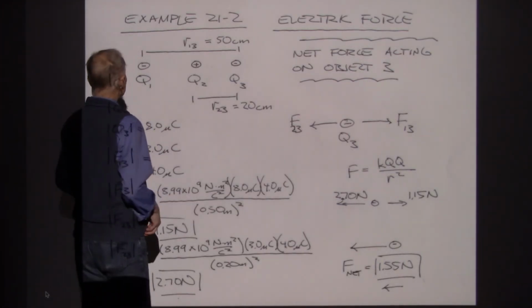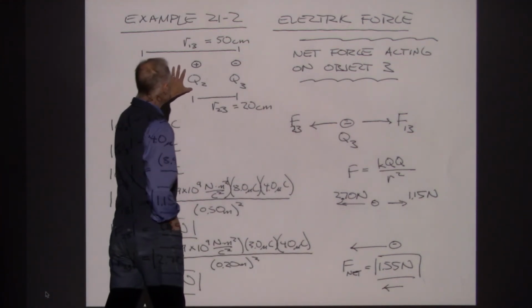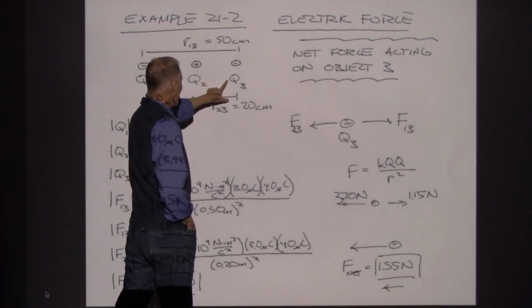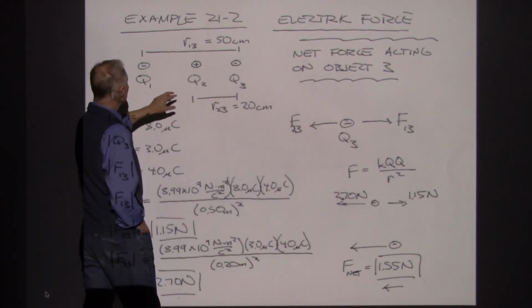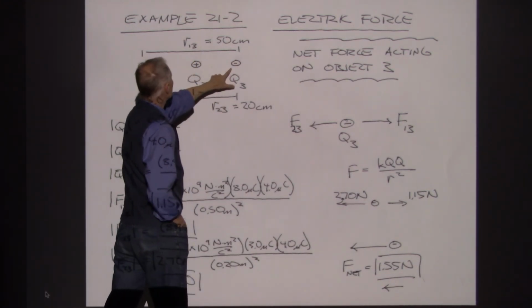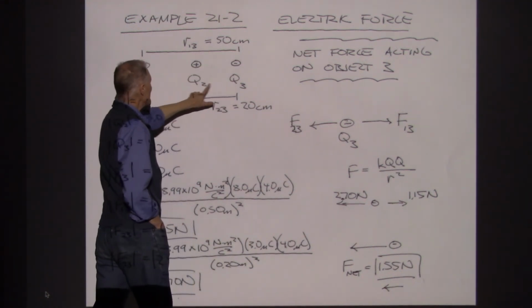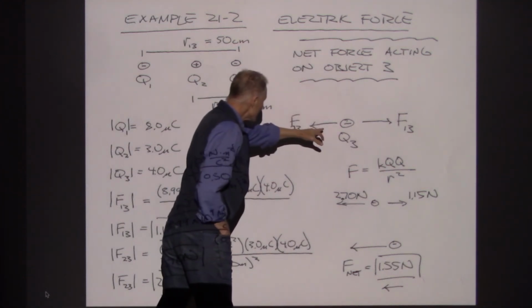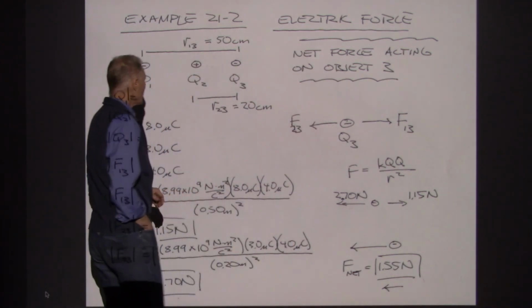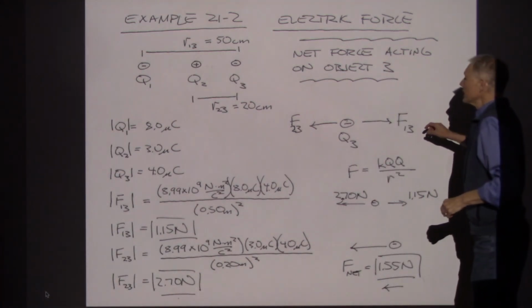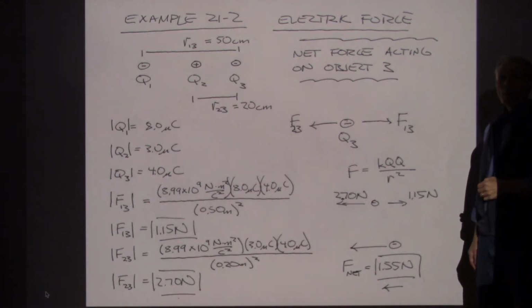All right, so here's the diagram, objects 1, 2, and 3, labeling them in terms of the charge that they have, and then distances. So the distance between objects 1 and 3 is 50 centimeters, and the distance between objects 2 and 3 is 20 centimeters. Here is that diagram that we had outlined. On this diagram, I want to point out that I've dropped the vector signs.